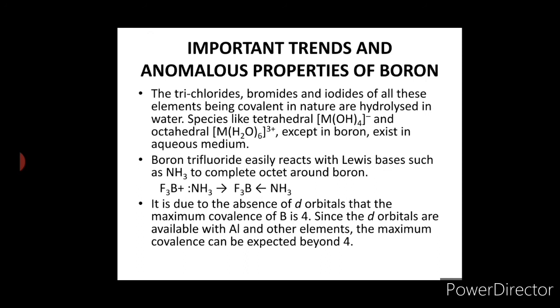That is why boron is unable to expand its covalence beyond 4 due to the non-availability of d orbitals. So this was the discussion on group 13 elements, that is, the boron family. Now, in the next part of the video lesson, we will discuss group 14.